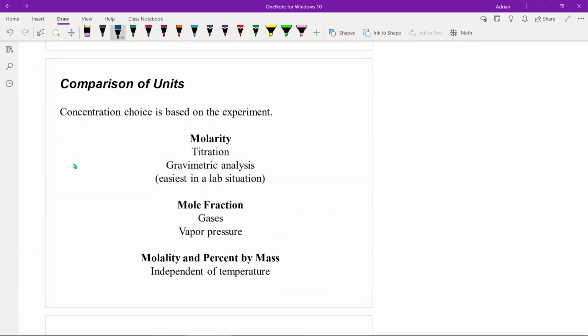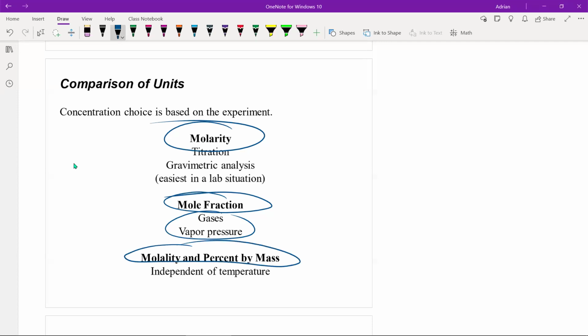In those cases, we would probably use molarity because that's the most applicable one to use. When we're dealing with gases and vapor pressure, mole fraction would probably be a better one to use. And in other cases, we can use molality and percent by mass, where temperatures and whatnot are not really that important.